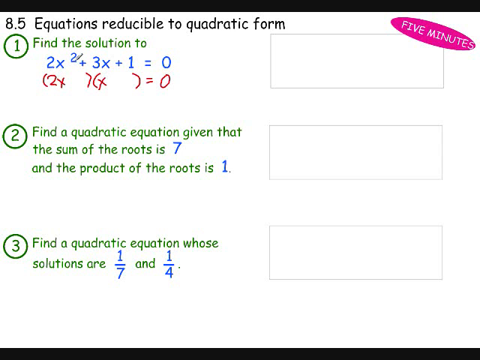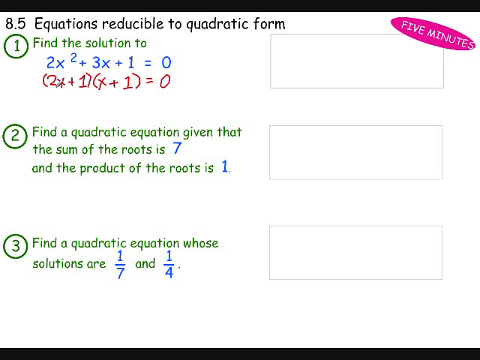The constant is pretty simple. That's got to be 1 times 1. And remember, we get our sign from the middle term, which is positive. And because the last term is also positive, we know they both have to be positive.